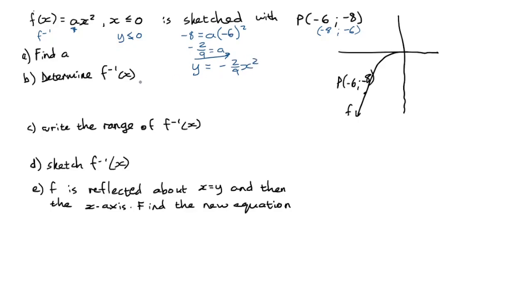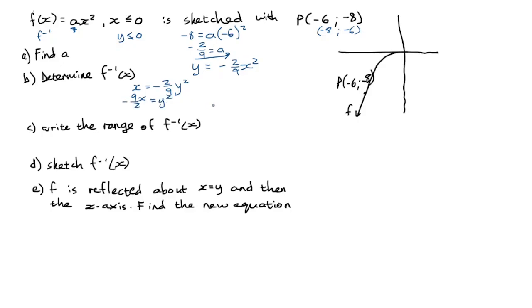So there's the graph. Because now when they ask me for the inverse, step 1, I just swap x and y. And you're probably getting used to that if you're getting slightly deeper into this section. Then your goal is to try and get y by itself. And so for starters, I'm just going to divide x by minus 2 over 9, and that becomes 9 over minus 2.